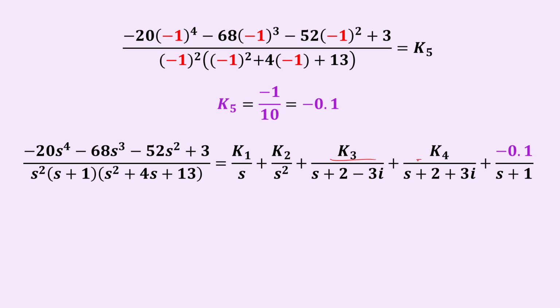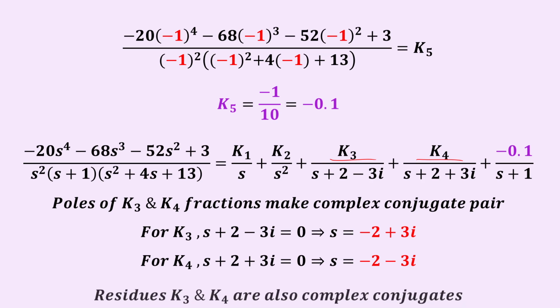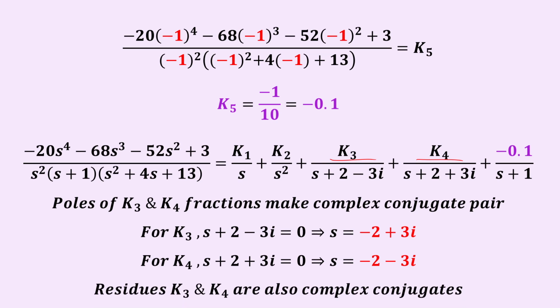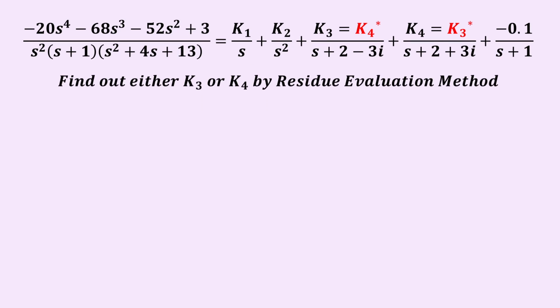Next, for the k3 and k4 fractions, we know that their poles are complex conjugates of each other, and so their residues are also complex conjugates of each other. And these are the pole values. So we have to find either one of these, k3 or k4, by the residue evaluation method.